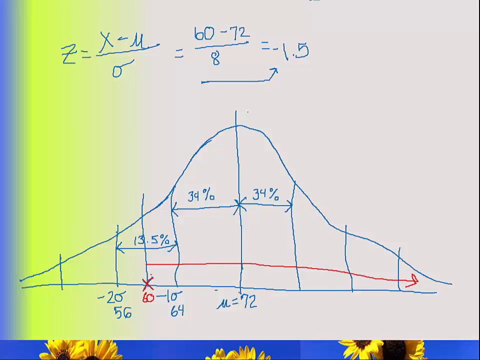We know from the previous slides that this part of the distribution is 50%. So we know it's greater than 50% that he's going to have scored 60 or higher. We have to add this 34% on here too because we're on the other side of that. So now we're at 84%. And then we have to also add this additional percentage right here, which is half of 13.5%. So it's all of this red.